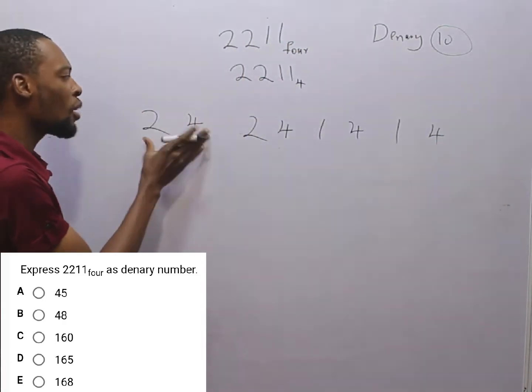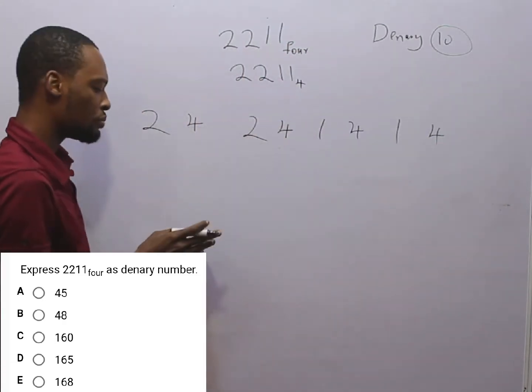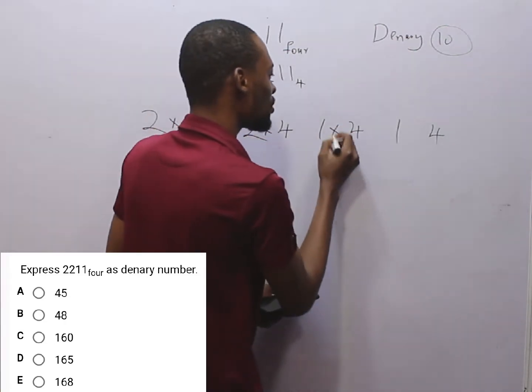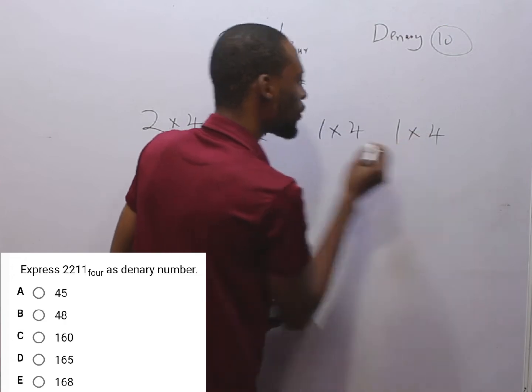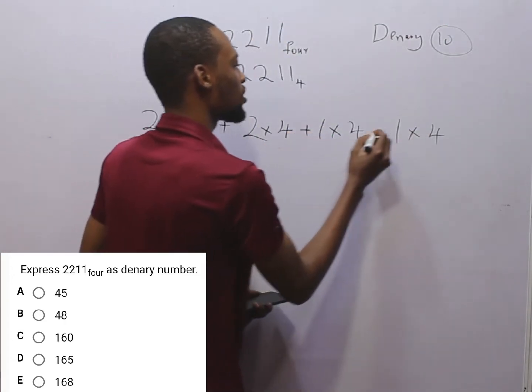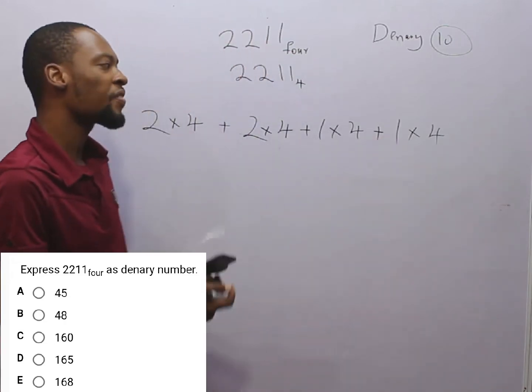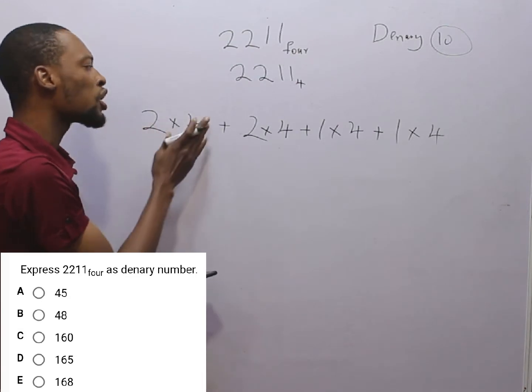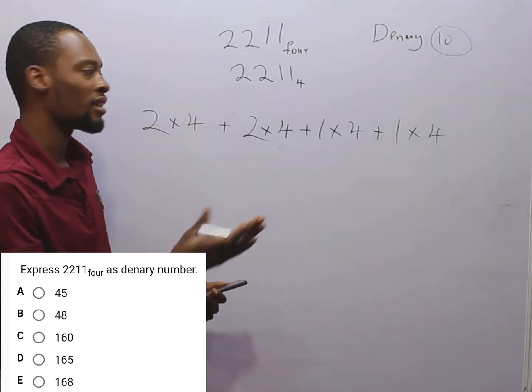So use the number to multiply the bases to have 2 times 4, 2 times 4, 1 times 4, 1 times 4. Then add them. Plus, plus, plus.